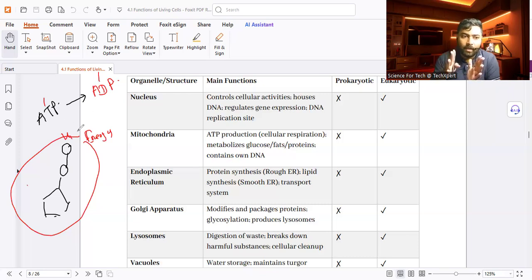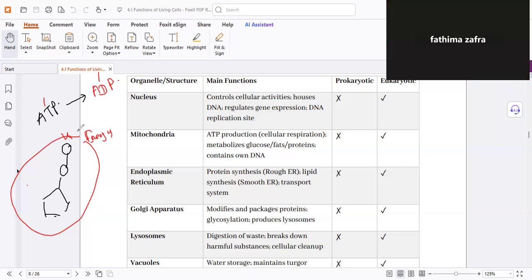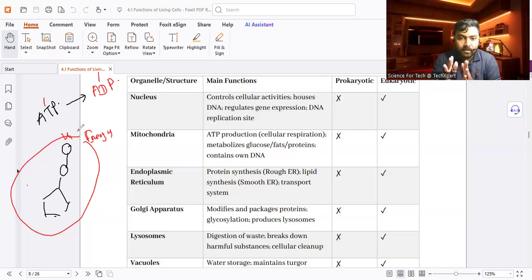When adenosine triphosphate becomes diphosphate, energy is released. Understood? Yes, sir. This ATP production, or the energy production, is known as cellular respiration.